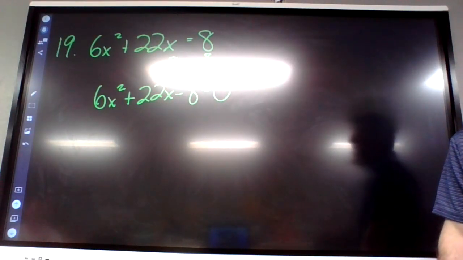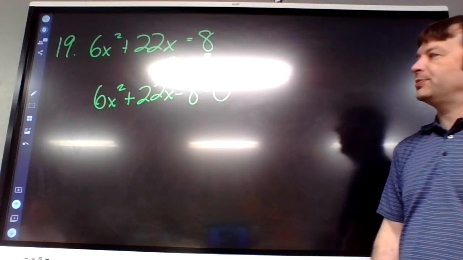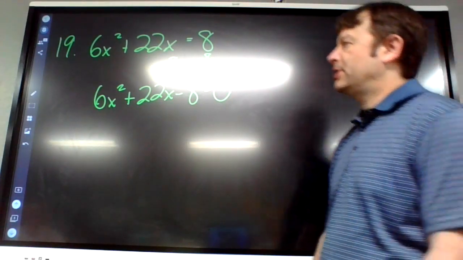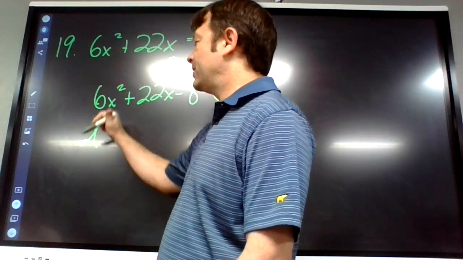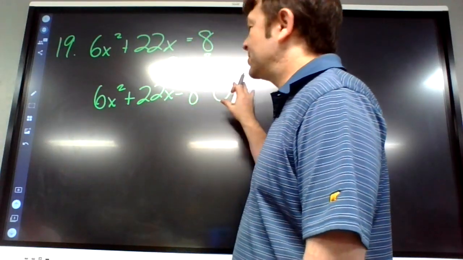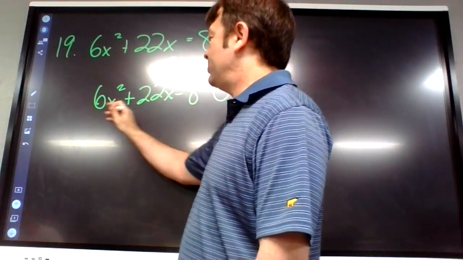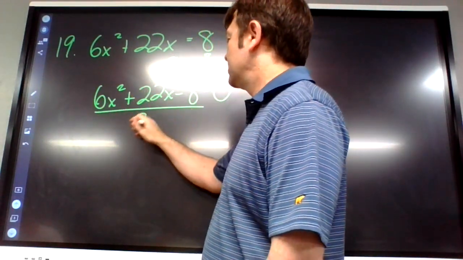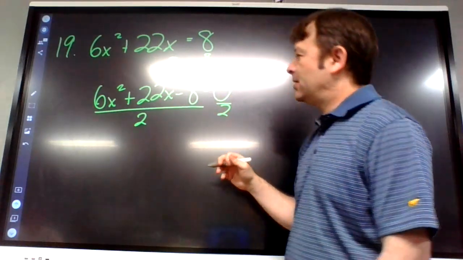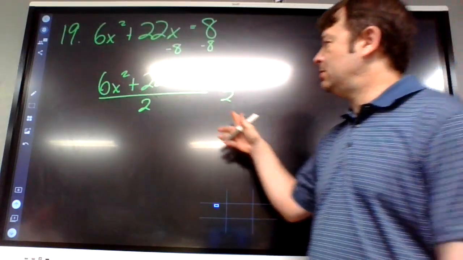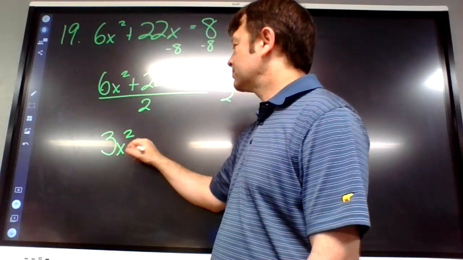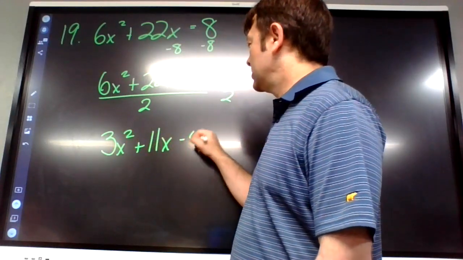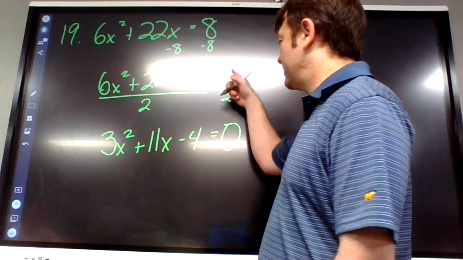I see a 6, a 22, and an 8. So what can we do with that? I would take a 2 out. Now, you could take a 2 out like this, and that would be fine. But also, since this is an equation, you can just divide both sides by 2. And that's legal as well. So all of these divide by 2. This makes the numbers smaller. 0 divided by 2 is still 0.